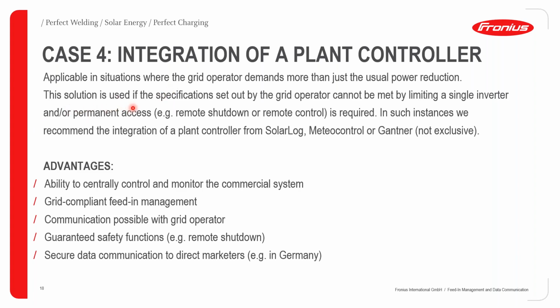The solution is used if the specification set out by the grid operator cannot be met by just limiting a single inverter's power, and there is need for permanent access for functions such as a remote shutdown or remote control. In such instances, it is recommended that the integration of a plant controller be implemented.